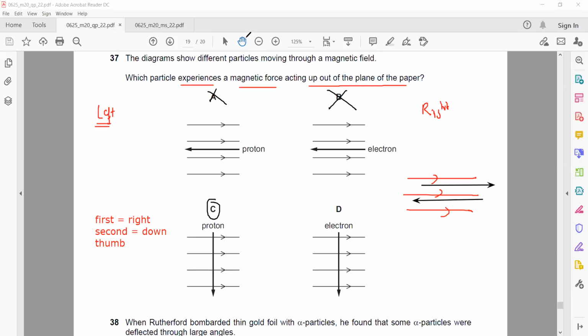But when you apply a right hand, because electron is a negative particle, the same rule is there, but instead of left hand, you will use a right hand. Again, your right hand first finger should point towards the magnetic field, so that should point towards the right side. Your second finger of the right hand should point towards the direction of the particle, which is down. And where is your thumb pointing?